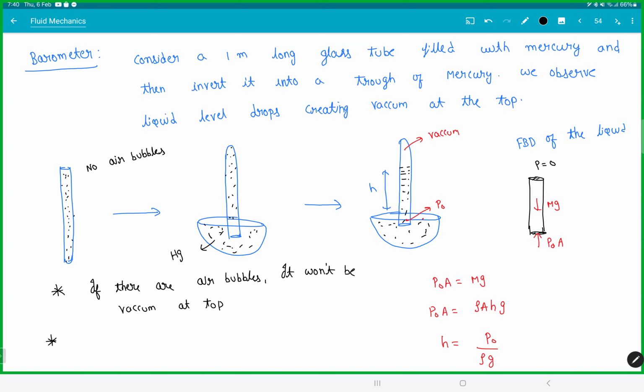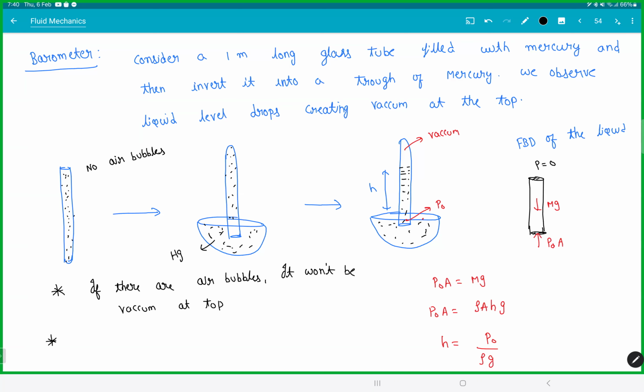Pressure outside is greater than pressure inside the hole. Then what will happen? These air bubbles will go up. So vacuum goes off and the liquid comes down. Air enters inside, bubbles float because they are less dense. So you'll not get a fountain.